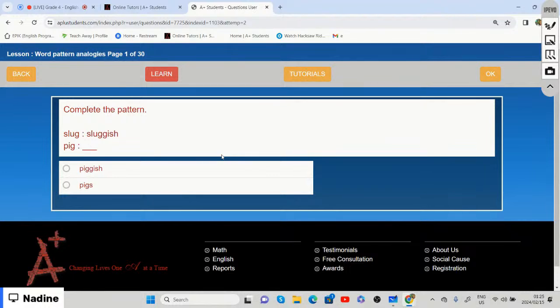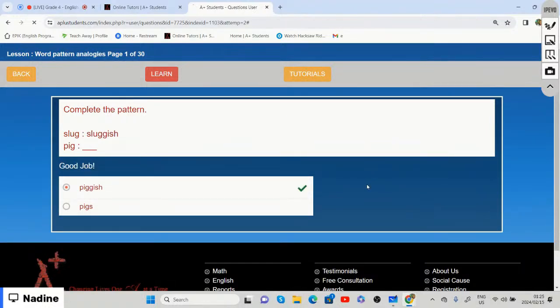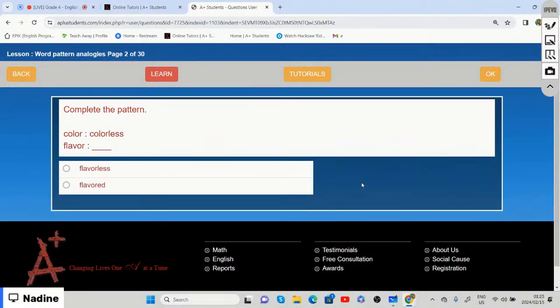If we complete the pattern, is it going to be piggish or pigs? If we choose the correct pattern, we're going to say it's piggish. So sluggish and piggish. Well done. Piggish is correct, the first one.